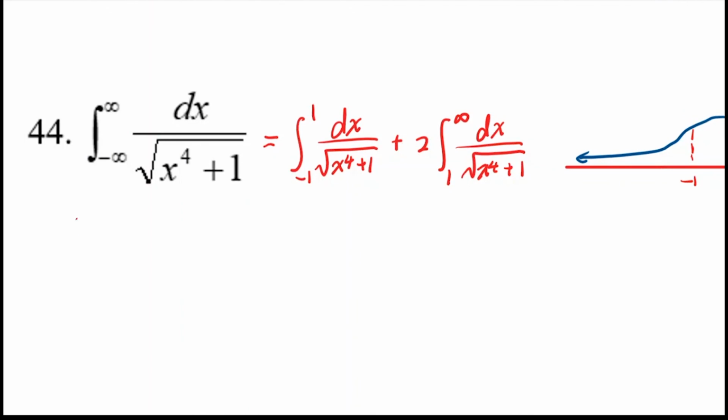So we have this piece, the integral from 1 to infinity of dx over the square root of x to the fourth plus 1. And I'm going to compare that to the integral from 1 to infinity of dx over the square root of x to the fourth.